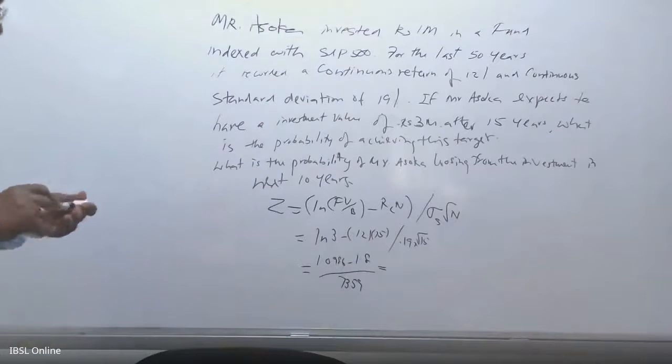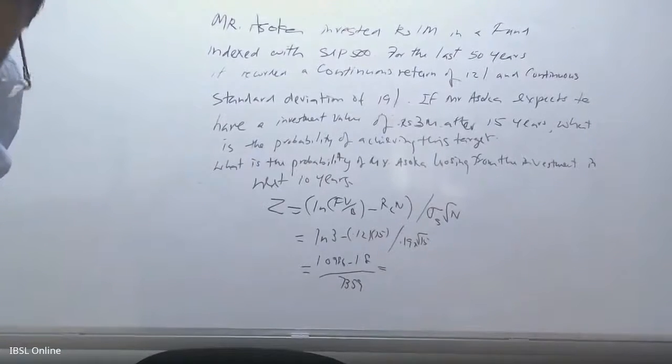So the numerator is 1.0986 minus 1.8, minus 0.7014.